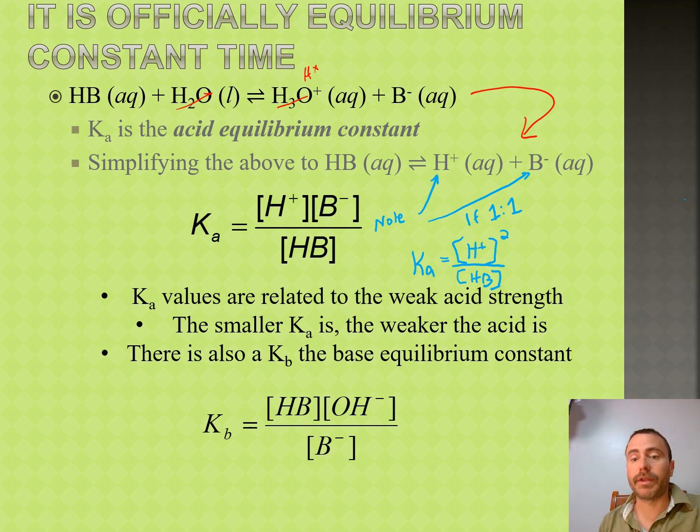So we're going to see this written this way a heck of a lot because almost all of our acid-base equations, when we're talking about these, are going to be 1-to-1 when it comes out in the wash. So if you see that, that means the same thing as this Ka, right?